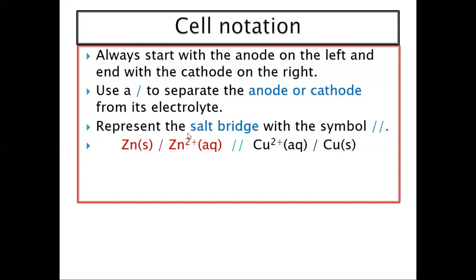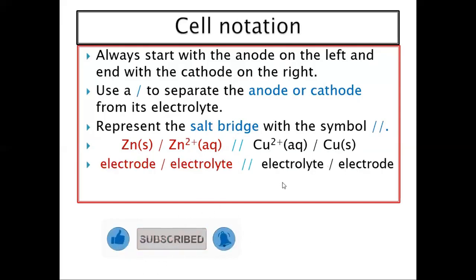What happens in the half cell of the zinc, what happens in the half cell of the copper? Electrode, this is the electrode, slash, the solid dissolves into what? Into electrolyte. Electrolyte means a solution. Electrode means a solid dissolves into the solution by giving the ions. Salt bridge. Now, what is in the solution?